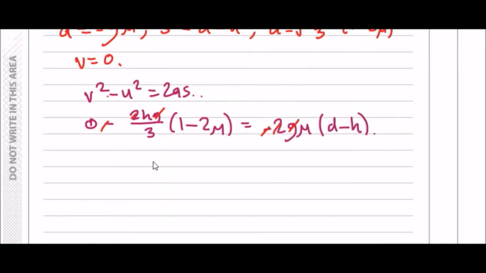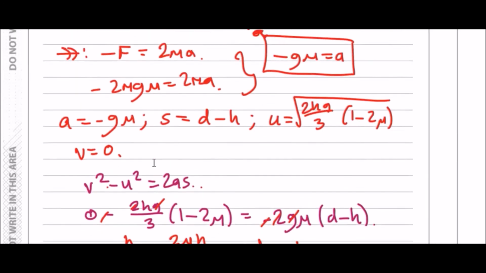On the left side, expand the bracket: h over 3 minus 2 mu over 3 h, I can't forget that, equals, and then here we just have mu d minus mu h.